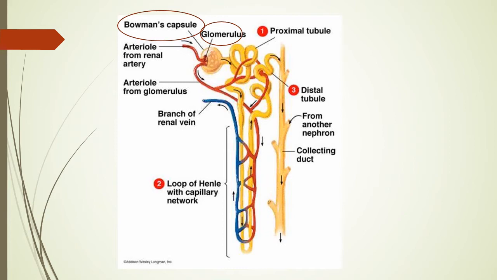Now we are focusing on the structure of the nephron. Here we have important names: first, the Malpighian corpuscle, then the proximal tubule, loop of Henle, distal tubule, and then comes the collecting duct part. Okay, so let's take a look at how the nephron works.